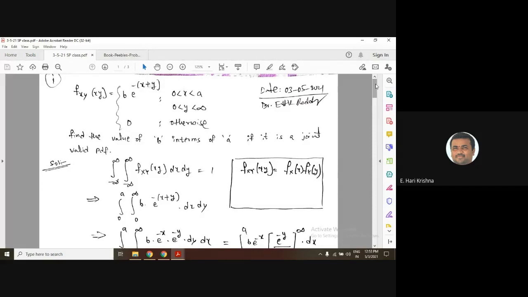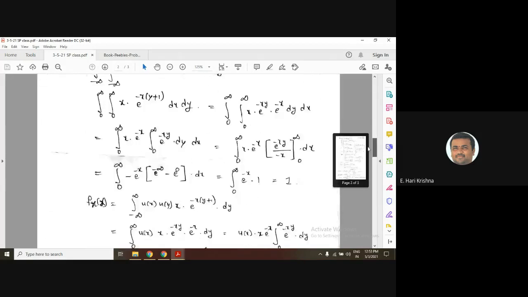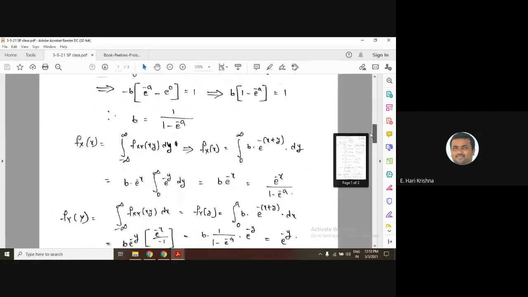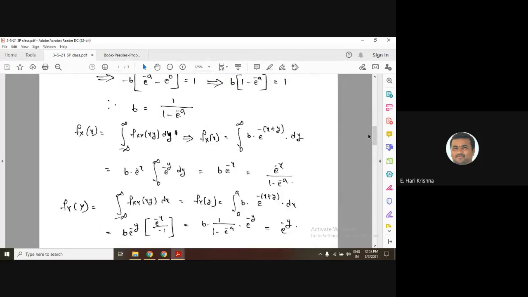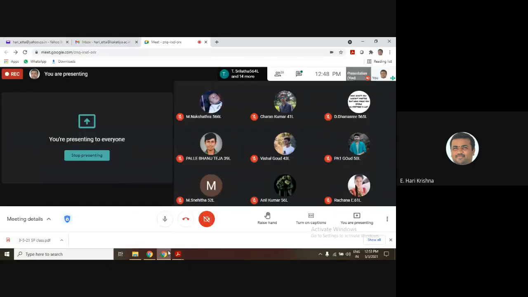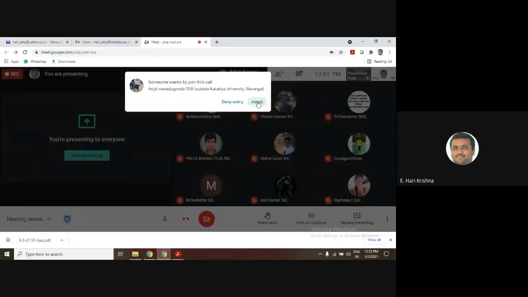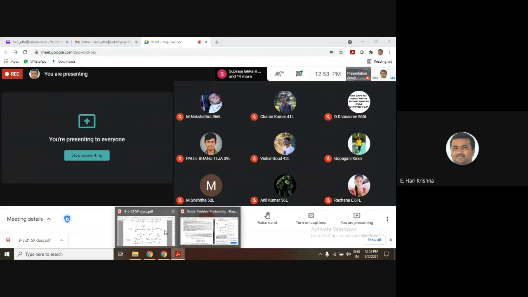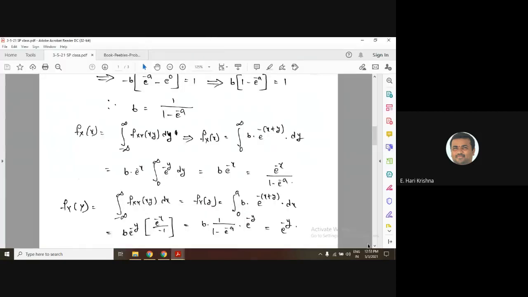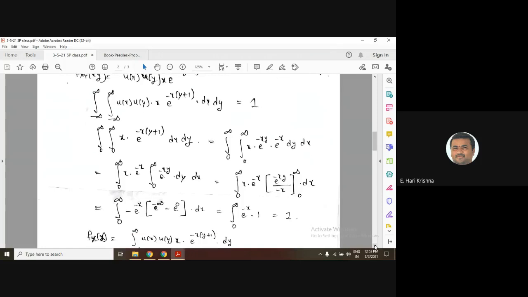So we can conclude that these two random variables x and y are statistically independent.